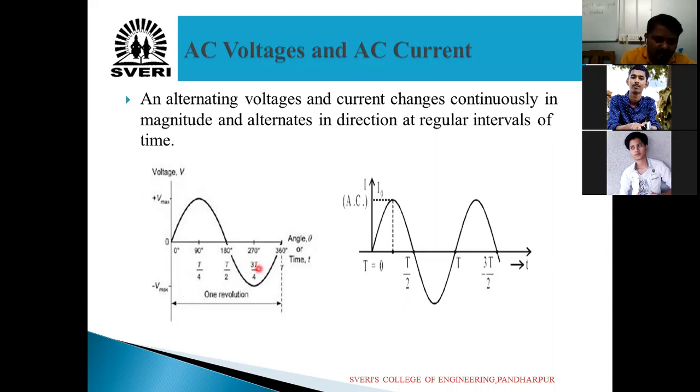Frequency is the number of cycles. This is 1 cycle. How many cycles it will complete per second, that is called frequency, and that frequency equals 1 by T. 1 by T is nothing but time period. So this amplitude is also called peak value. The maximum value is also called peak value.